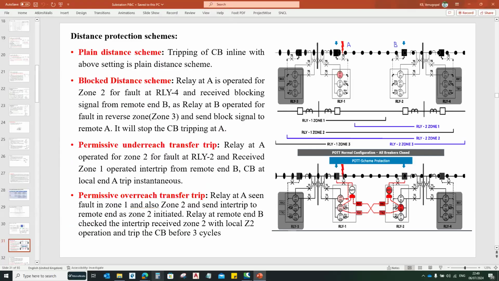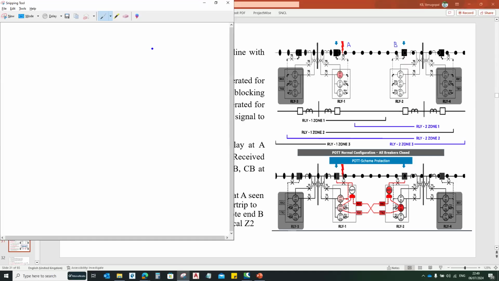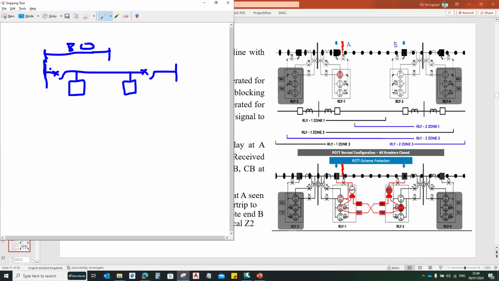Now, let me go with another scheme, that is permissive underreach. 80%.